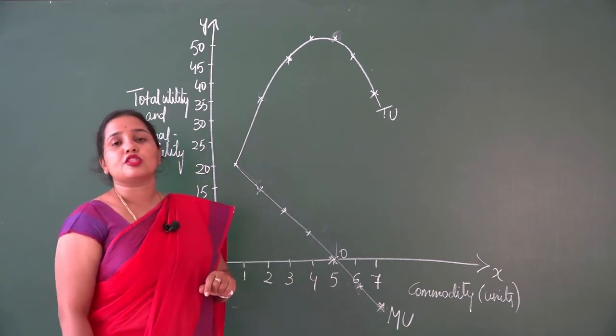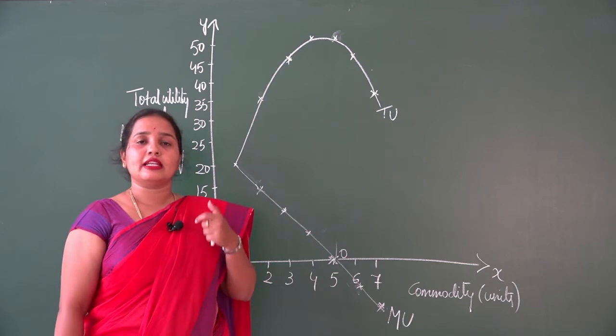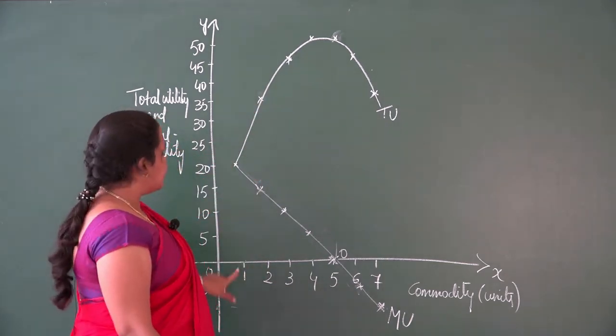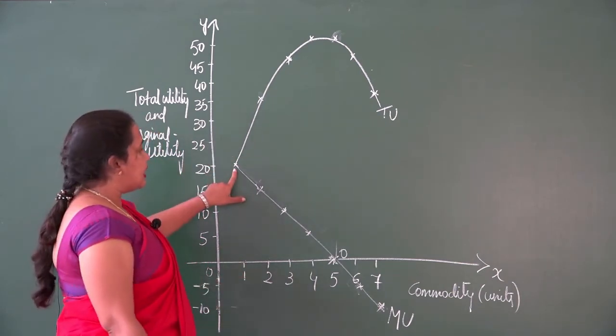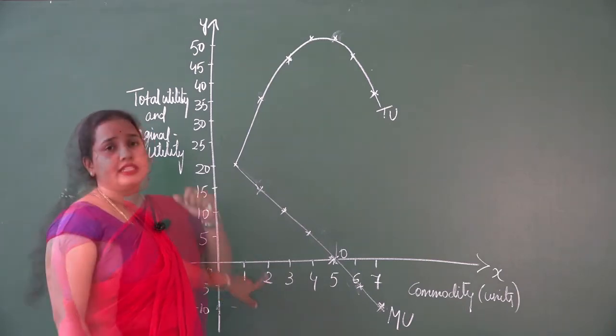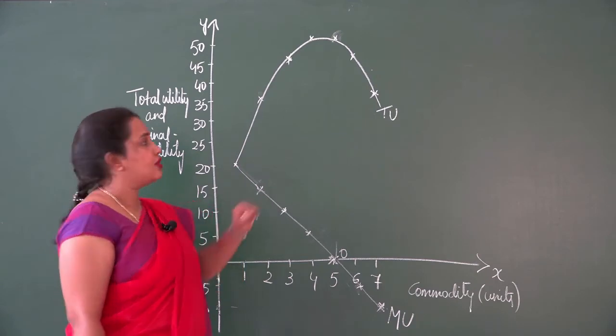Likewise, we can also derive the total utility curve. As per the schedule and the data, we must plot the points. When the consumer consumes the first unit, the total utility derived is 20. When the consumer consumes the second unit, the sum of marginal utility 20 plus 15 gives you 35.